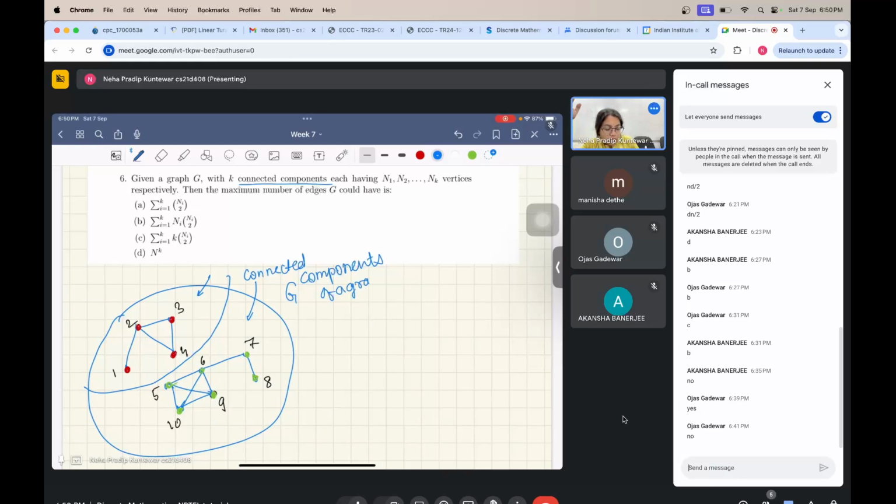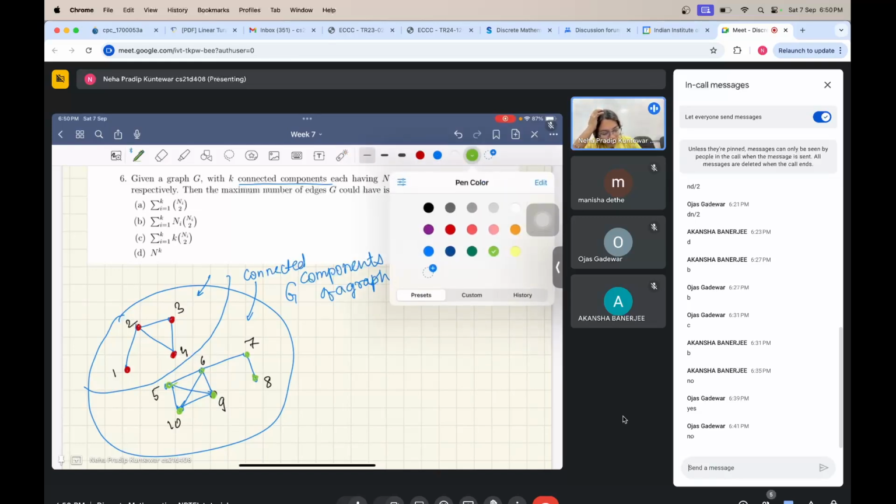Within themselves they are entirely connected, but if you look across them then none of them are reachable. So does this remind you of any relation that you must have seen? Just as a follow-up question, what is a relation?